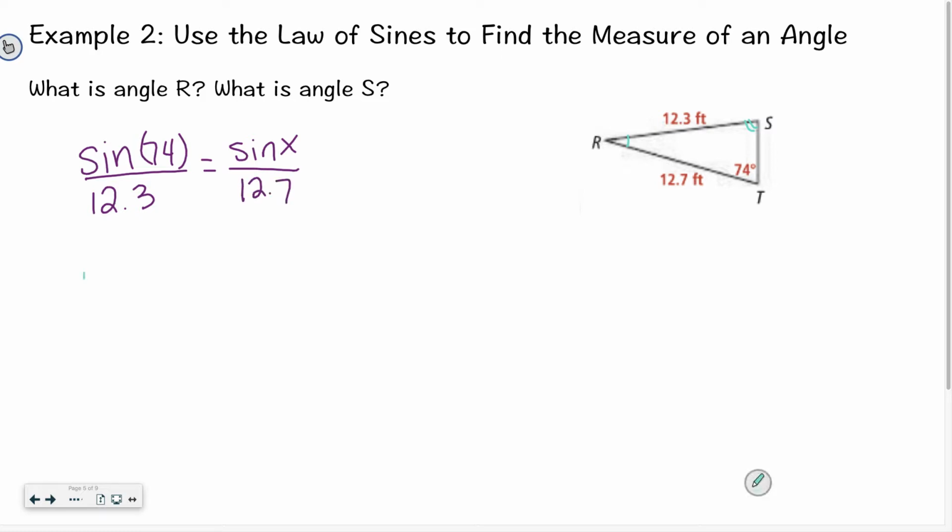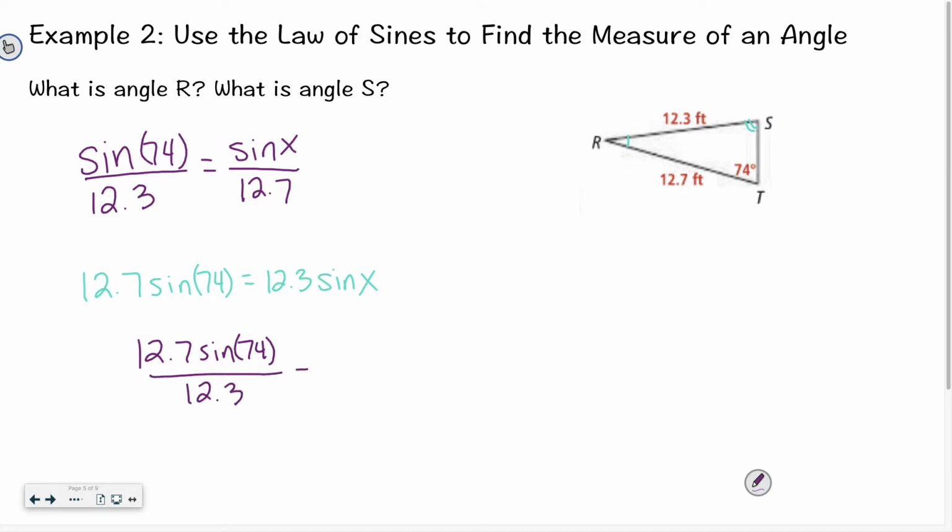Again, you cross multiply, so I'd say 12.7 sine of 74 equals 12.3 sine of x. Divide both sides by 12.3, and I would have 12.7 sine of 74 divided by 12.3.